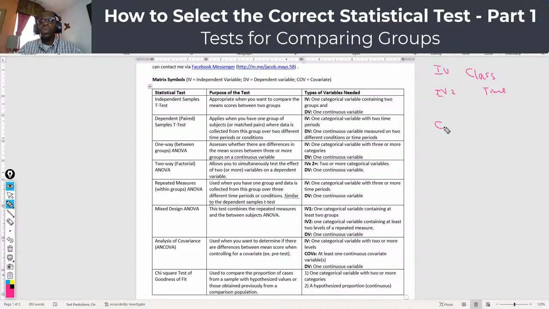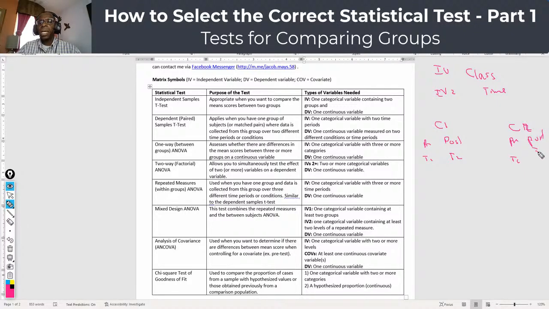So we've got class 1 and class 2. And then we have the pre-test for class 1, and then we've got the post-test. So this is time 1, this is time 2, pre, post.